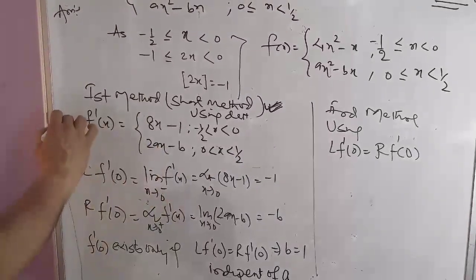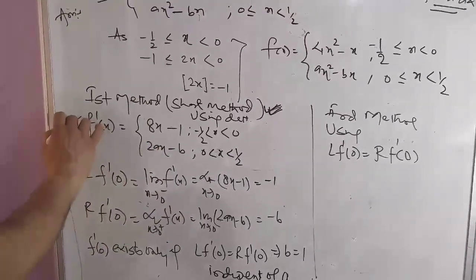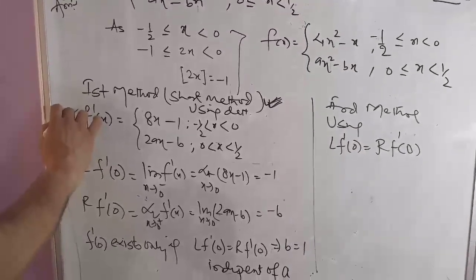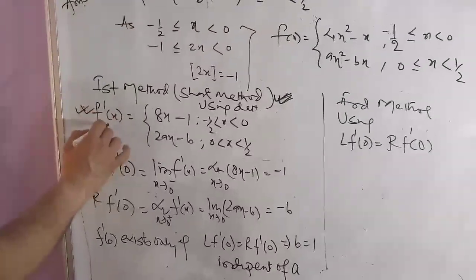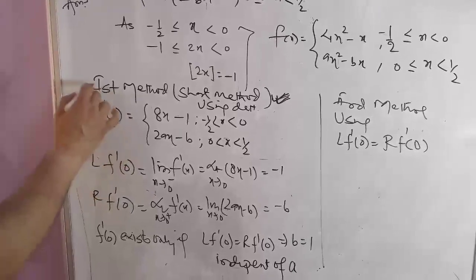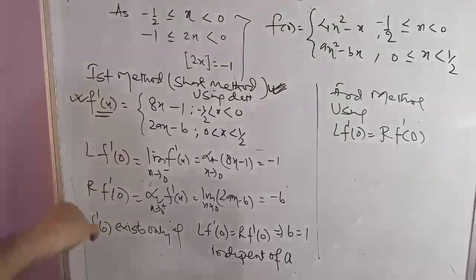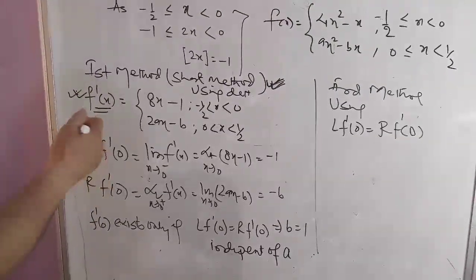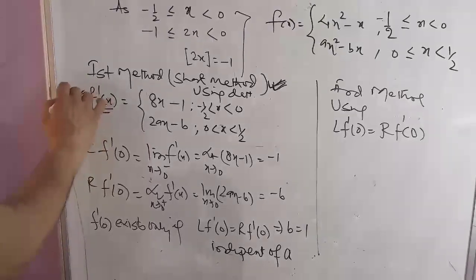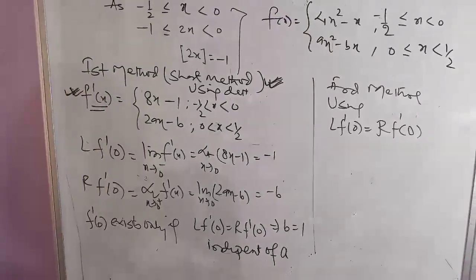Here differentiability at x equal to 0 is already assured. So if we differentiate both these sides and find the left hand derivative and right hand derivative, then there is no problem that arises here.